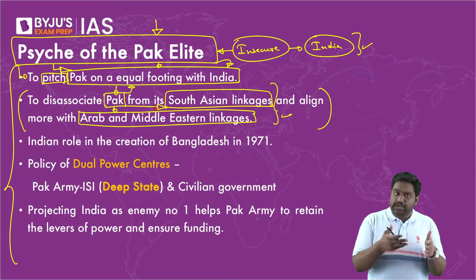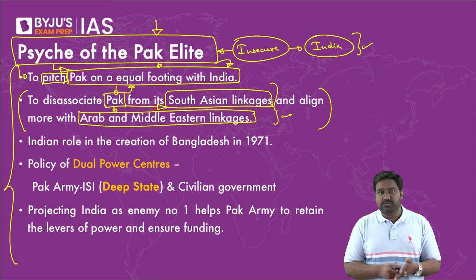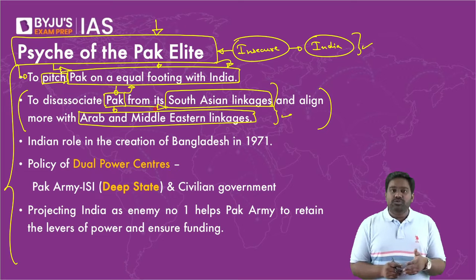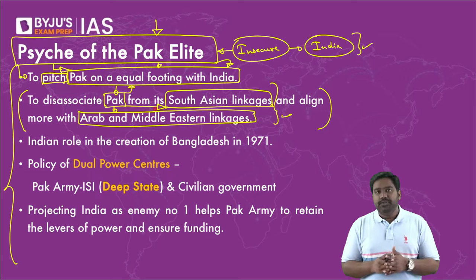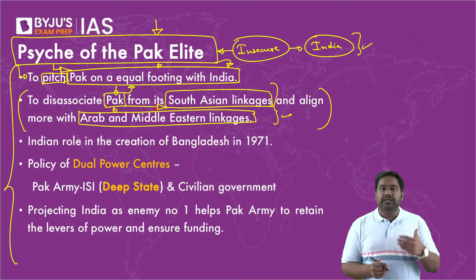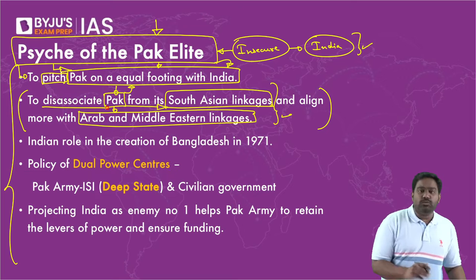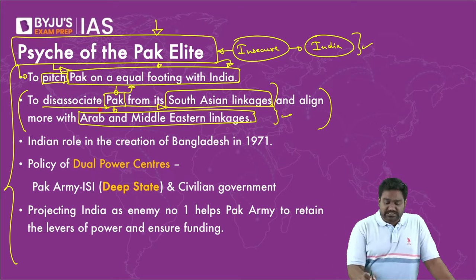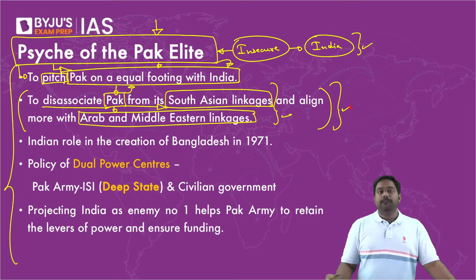Those sites are located in today's Pakistan itself. This was the seat of the ancient Indian civilization. But Pakistan wants to erase this part of history. It wants to move away from that Indian heritage, that South Asian heritage, and wants to associate more with the Arab Middle Eastern heritage.